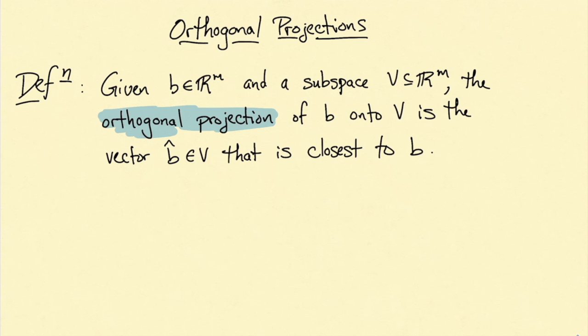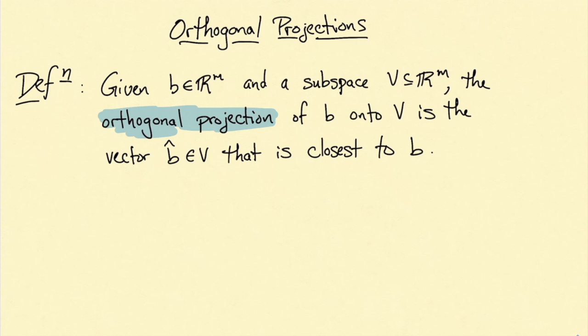On the face of it, this seems unrelated. We're defining an object to be what's called an orthogonal projection, but nowhere in the definition is the word orthogonal present.